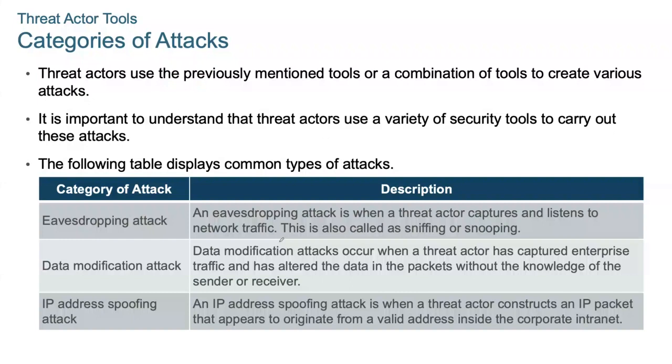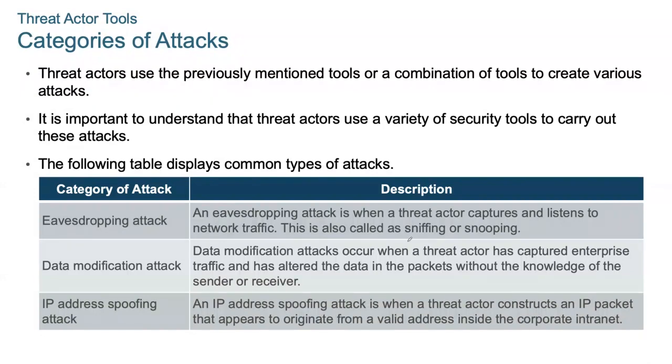This is one category, eavesdropping. An eavesdropping attack is when a threat actor captures and listens to network traffic. This attack is also referred to as a sniffing or snooping attack.